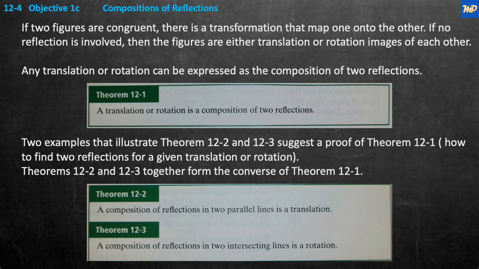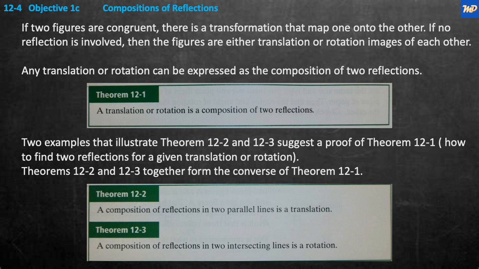Theorem 12.2: a composition of reflections in two parallel lines gives you a translation. A composition of reflections in two intersecting lines gives you a rotation. So if the lines that you're reflecting over are parallel, you're going to get a translation.